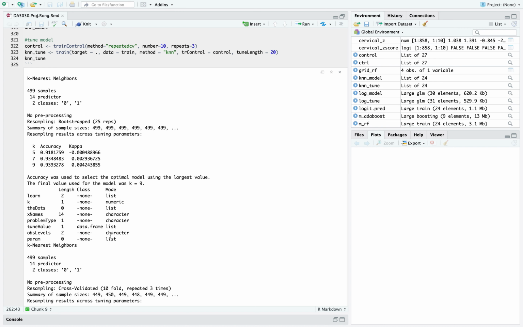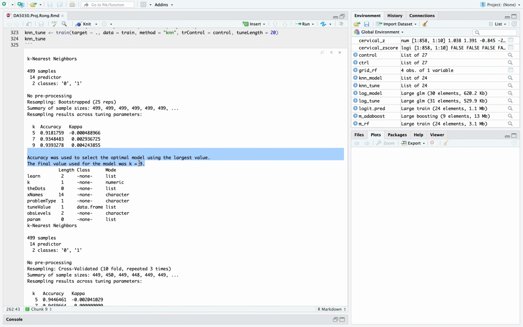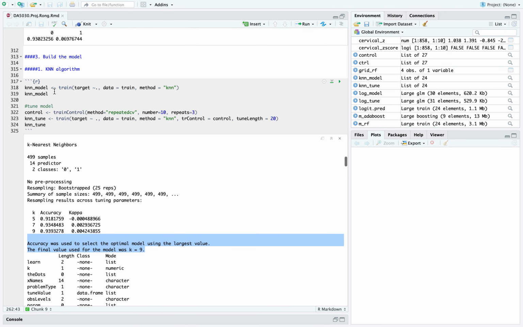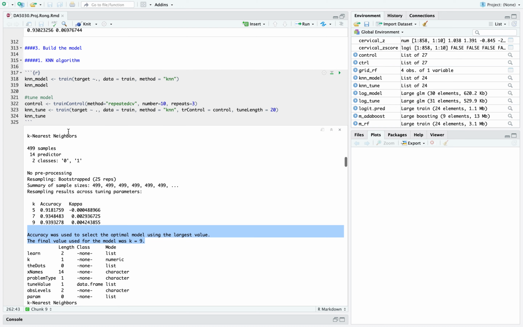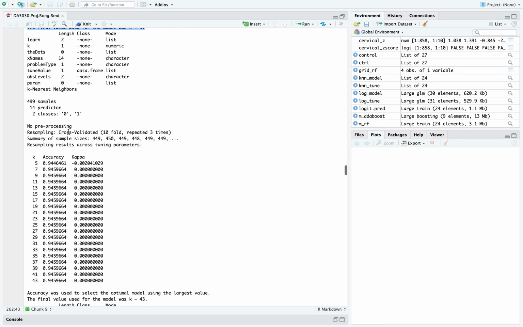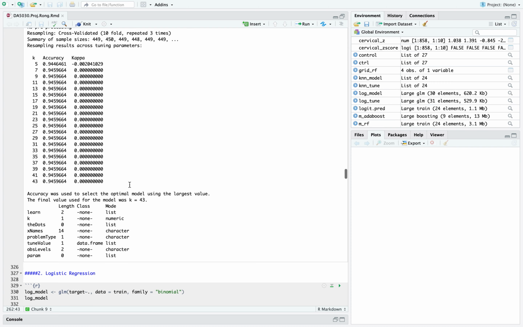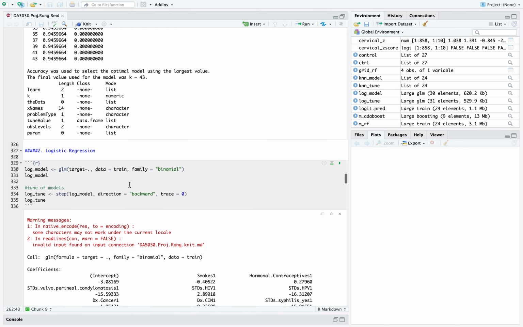We can see that when k equals 9, accuracy was used to select the optimal model using the largest value. I also did the tuned model here, and when k equals 43, you can get an optimal model.